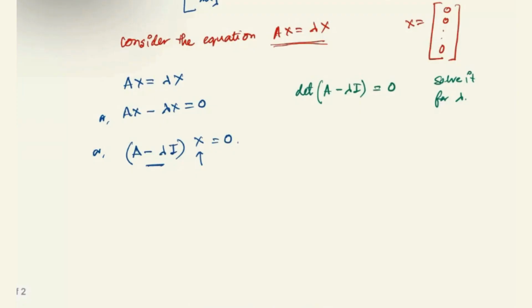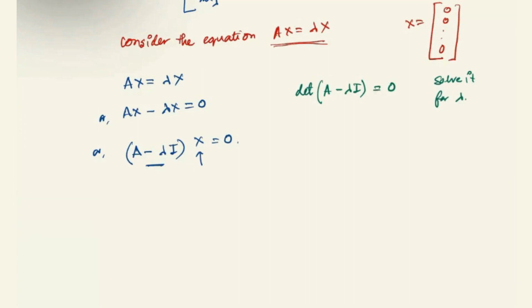Now we need to solve it for x, and if we plug the value of lambda here in this equation, we can find different x's and the space of x we can find. Okay. So let's take a problem and solve, so it will be easier.